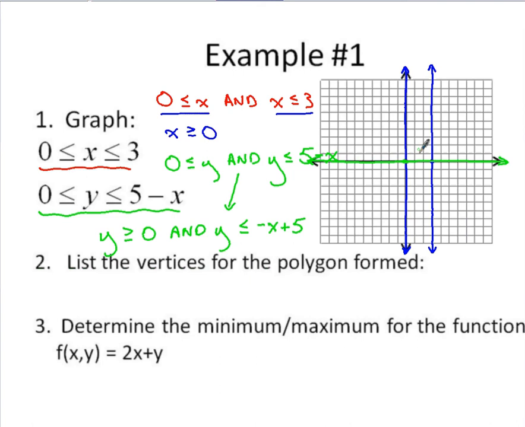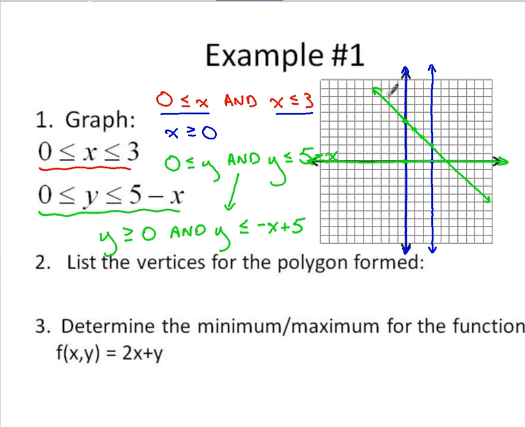So let's go ahead and place this line on the map here. We've got a y-intercept of 5. It's got a slope of -1. So down 1 over 1, down 1 over 1, down 1 over 1, right? I can just continue in that manner if I want to. But this line, once again solid because it's less than or equal to, passes through those points.